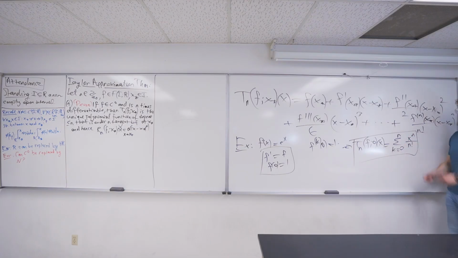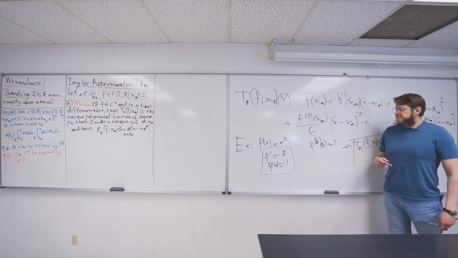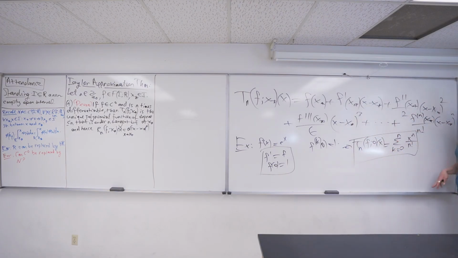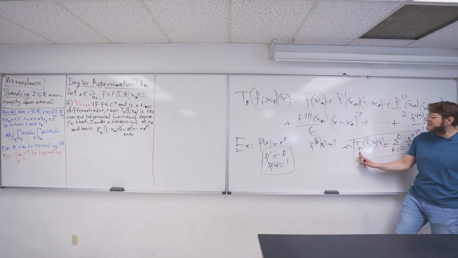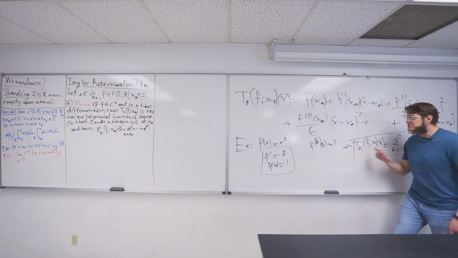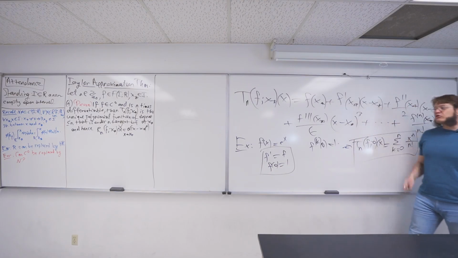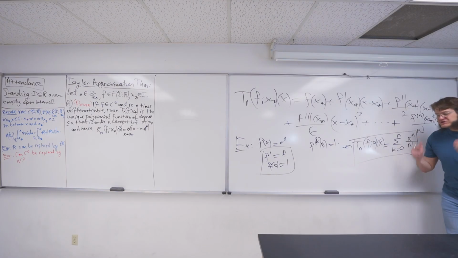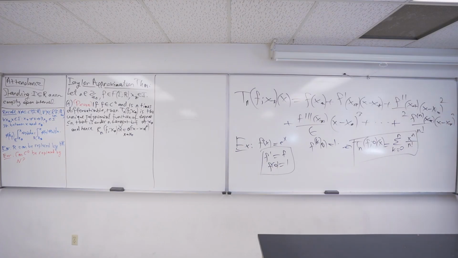These are functions, so I should worry about pointwise or uniform convergence or whatever. And then, insofar as I can take the limit as n goes to infinity of this expression, and insofar as I can recover the original function that I started with, I'm going to call such functions real analytic. OK, so these are going to be even more specialized functions compared to infinitely differentiable functions.